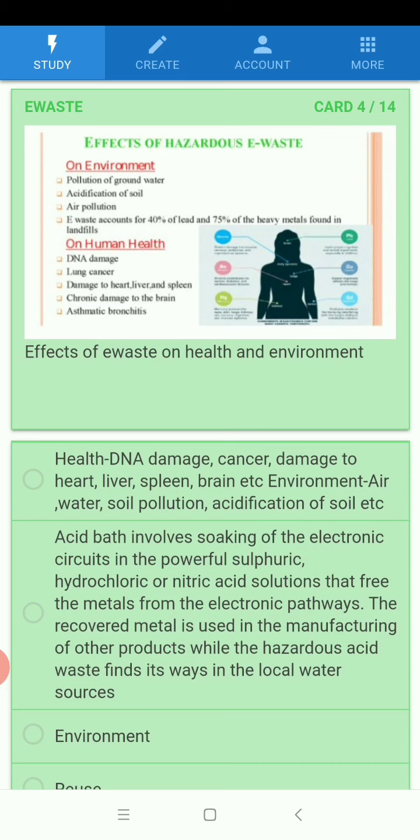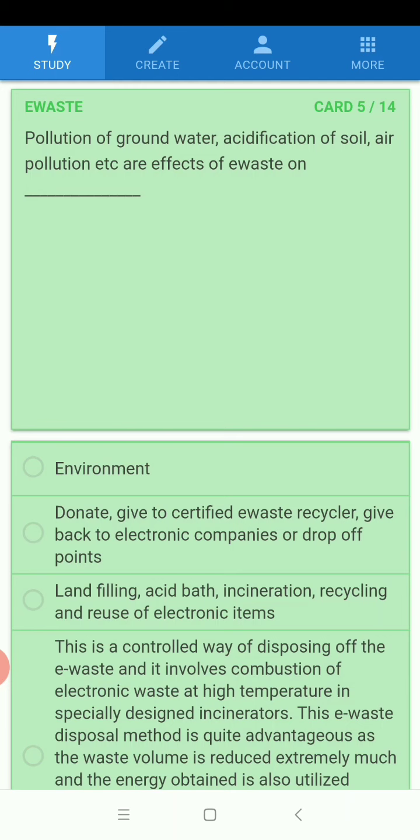The various effects on health are DNA damage and different types of cancers, and those on environment are different types of pollution. Next fill in the blanks question is, pollution of groundwater, acidification of soil, air pollution, etc. are the effects of e-waste on health or environment. So these are the effects on environment.